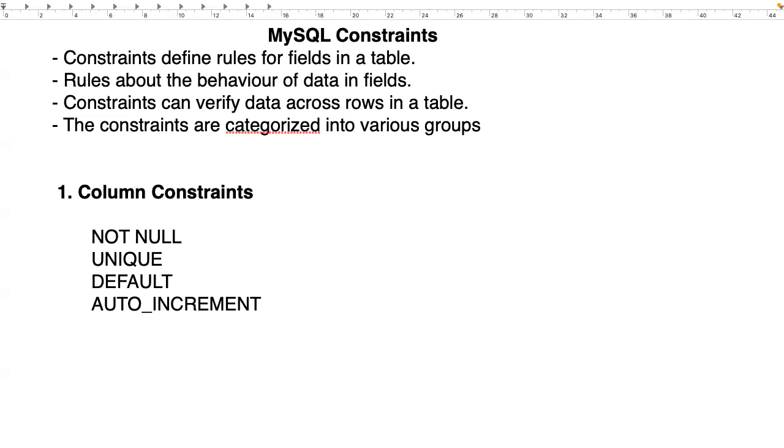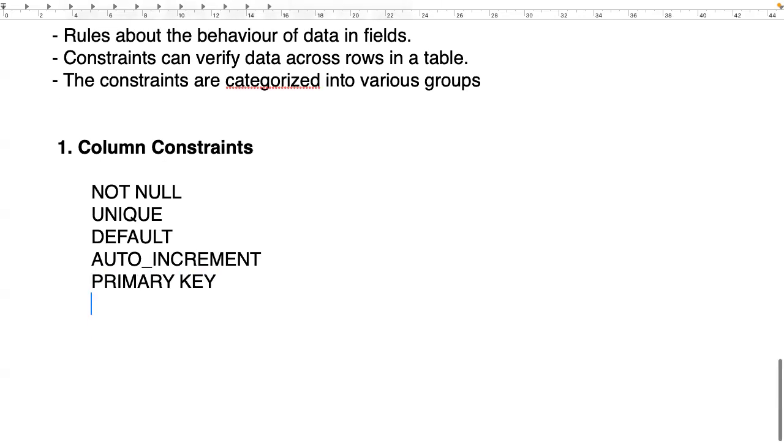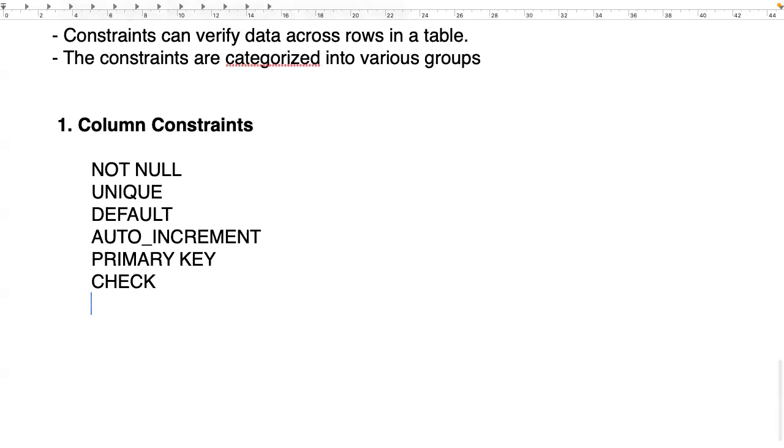Not null indicates that it must have a value. You cannot leave it empty. First, we have primary key. We have check constraint. We have comment. Comment is also a constraint.